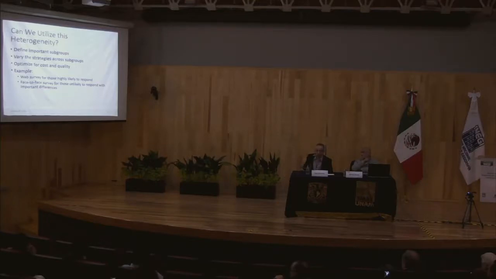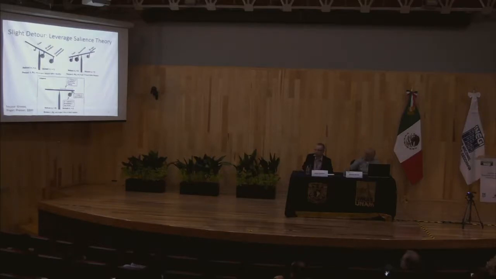So then that's kind of the idea that I already brought up. How can we leverage it? We can identify subgroups, identify strategies to use on those subgroups. And so an example, we use a web survey for subgroups that are likely to respond on the web.